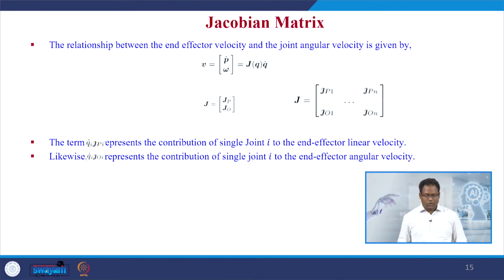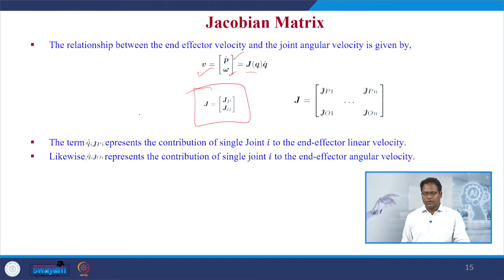Okay, now coming to the Jacobian matrix. The relationship between the end effector velocities and the joint angular velocities is given by a Jacobian matrix, where the end effector velocity, represented by a combination of linear velocity and angular velocity, is equal to J times the joint angle velocity. The Jacobian matrix has two components.